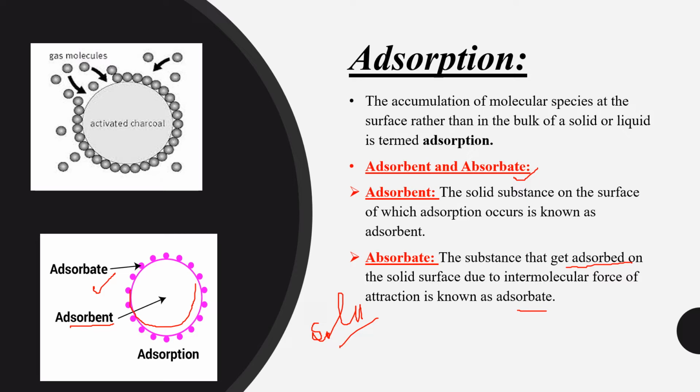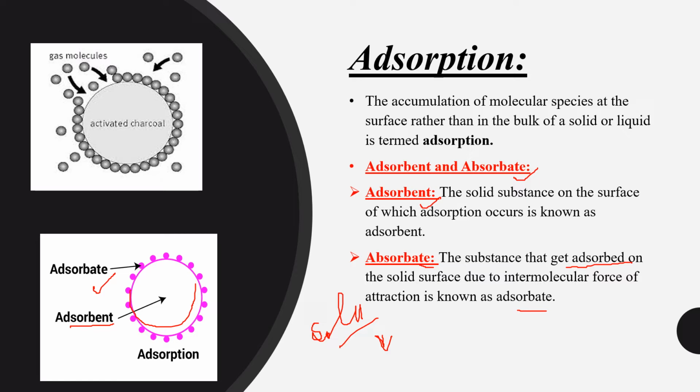Similarly here, adsorbates are quite similar to solute particles, as adsorbates can adsorb on the solid surface. The solvent molecules in a solution are those which have a tendency to dissolve the solute particles. Similarly, adsorbents are quite similar to solvents in a solution.